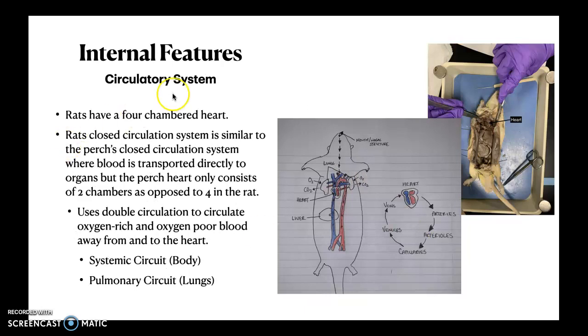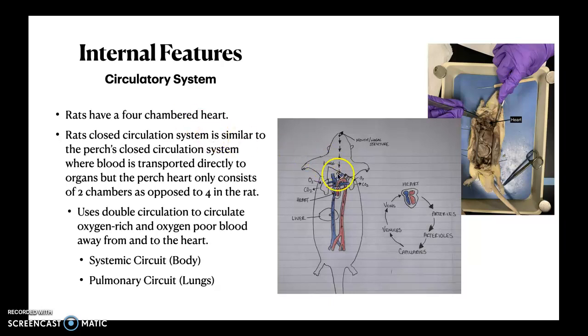Continuing on, we have our circulatory system. And this is important. Rats have a 4-chamber heart, and it's the first time we see this in mammals. They have a closed circulatory system that's similar to the perch's closed circulatory system, where blood is transported directly to organs, but the perch heart only consists of 2 chambers, whereas the rat has 4 chambers.